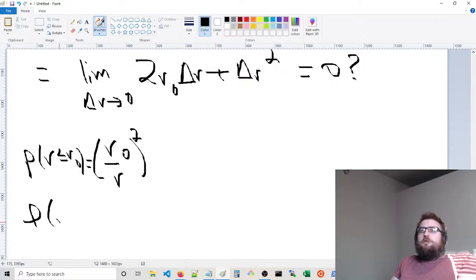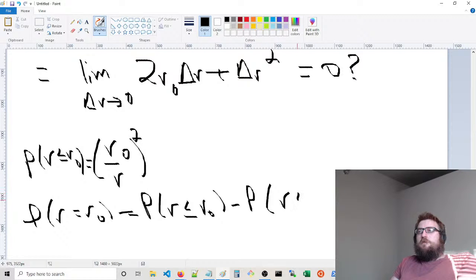And so if you want the probability of r equal to r sub 0, naturally that's the probability of r less than or equal to r sub 0 minus the probability of r less than r0.